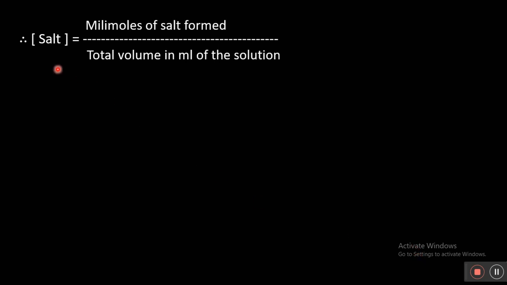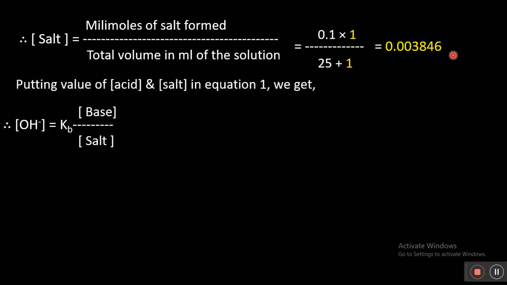The formula: concentration of salt is equal to millimoles of salt formed divided by total volume of solution in ml. So millimoles formed will be 0.1 into 1 divided by 25 plus 1, which is the total volume of the solution. If we divide it, we get 0.003846 molar.